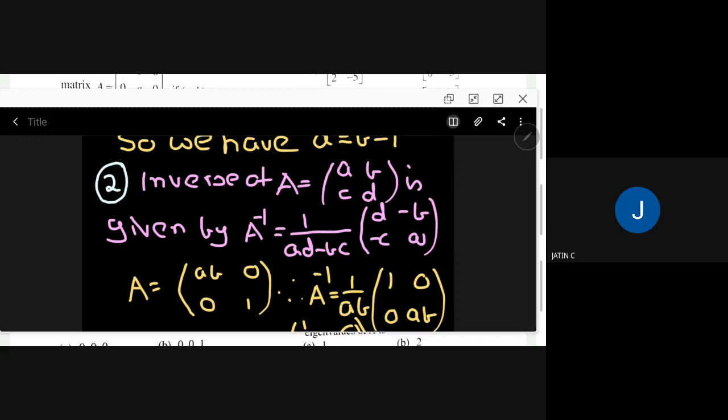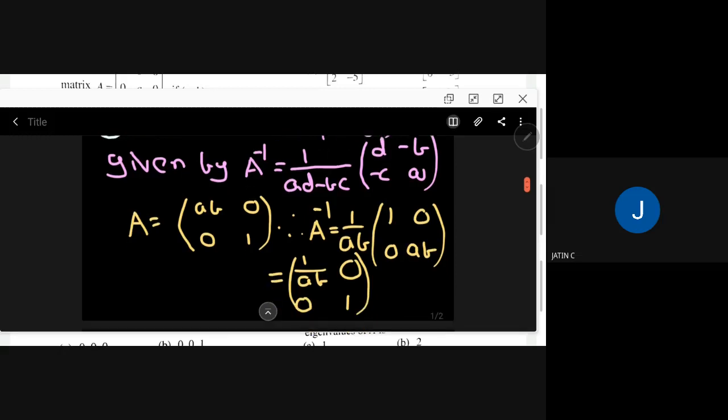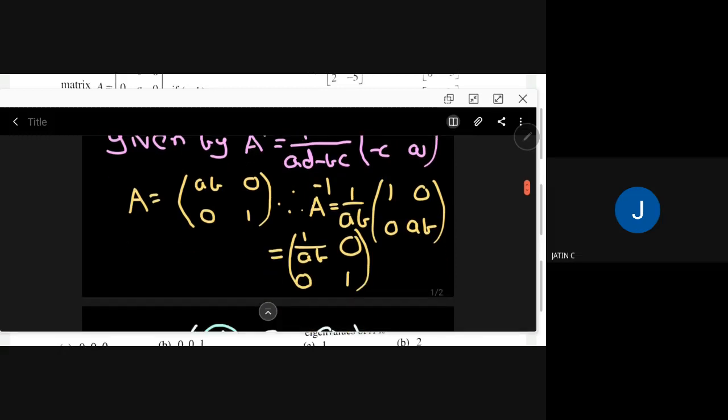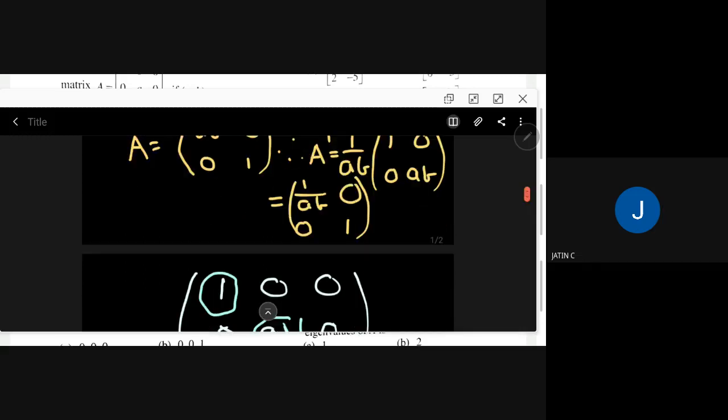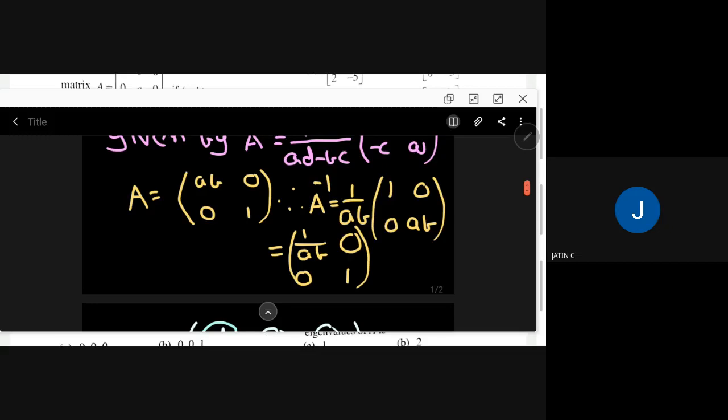If you apply that formula, the determinant is AB, so 1 by AB into 1 0, 0 AB will come. Okay, 1 by AB 0 0 1, that will be the answer.